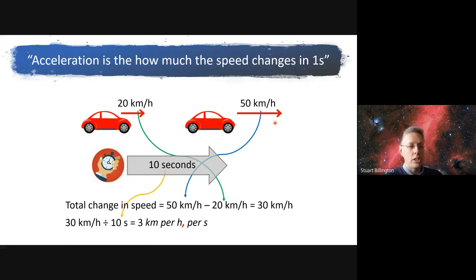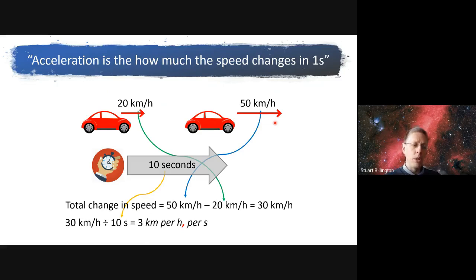So the change in speed is 3 kilometers per hour, but the acceleration is how much it changes per second. So I have to add per second to the end. So the correct unit for the acceleration is 3 kilometers per hour per second.